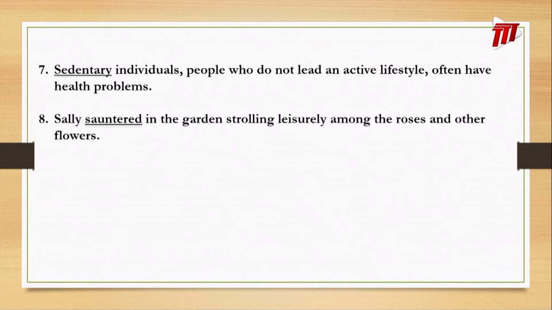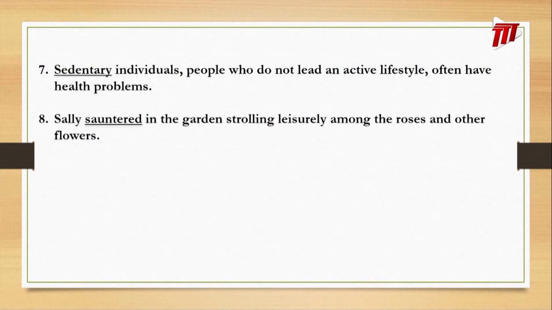Sally sauntered in the garden, strolling leisurely among the roses and other flowers. What does sauntered mean? In that sentence, the meaning is right there. All you have to do is look for the meaning. She's in the garden and she's strolling leisurely among the roses.